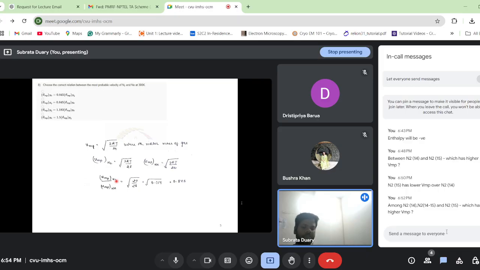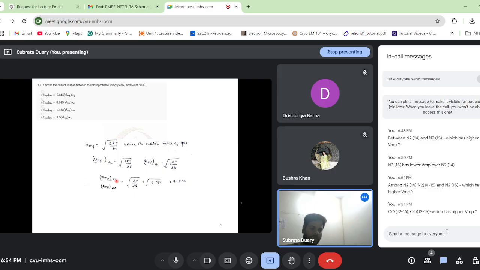Now consider another situation where you take carbon monoxide, 12 16. Now you take another carbon monoxide, 13 16, which has higher VMP, most probable velocity.